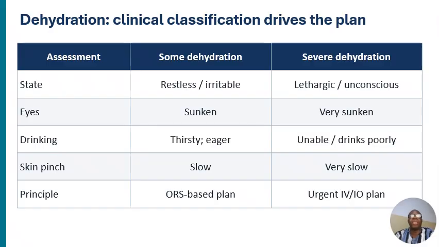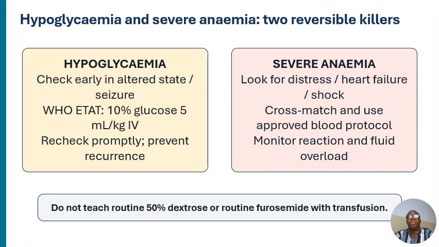So let us now consider two rapidly reversible killers that may accompany any of these presentations. Hypoglycemia is one of them, and should be suspected in any child with altered level of consciousness, seizures, severe infections, malnutrition, prolonged fasting, liver disease, or insulin exposure.